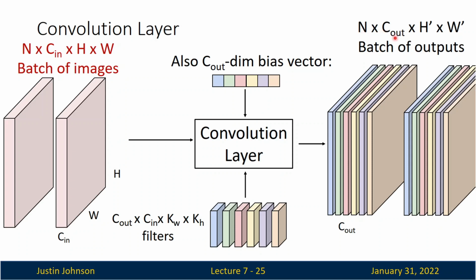Each of the feature maps has C-out channels, and the new resolution of those channels is H prime and W prime. So this is called a batch of output.